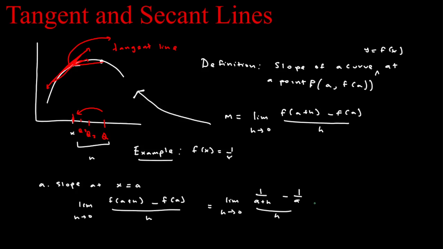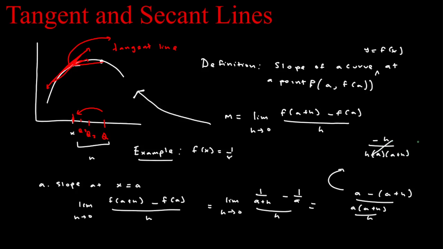Now we just use our limit techniques of how to solve limit problems. One thing we could do is group these together. So we get a minus a plus h, divided by a times a plus h, over h. I'm running out of space, let me just bring this over here. So that brings us minus h over h times a plus h.